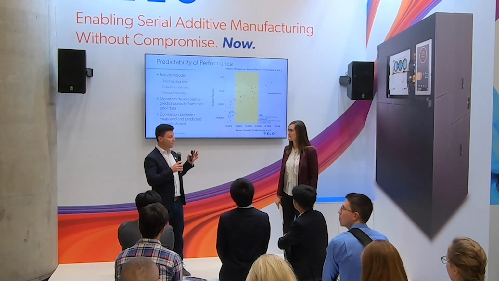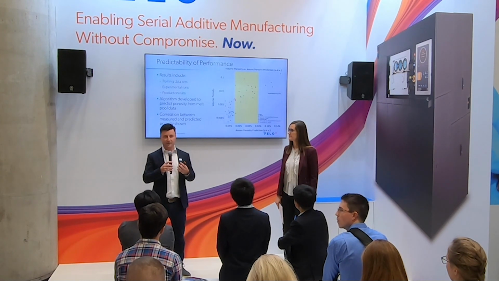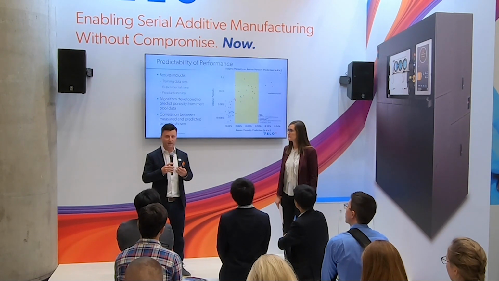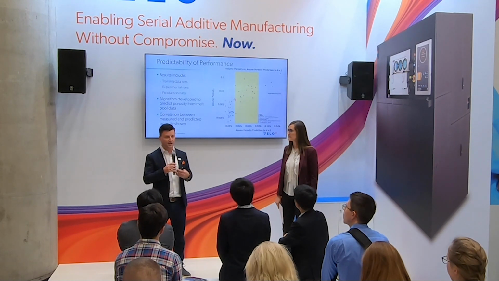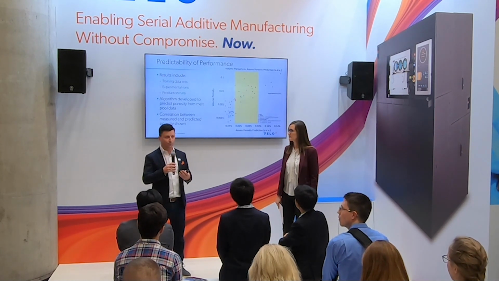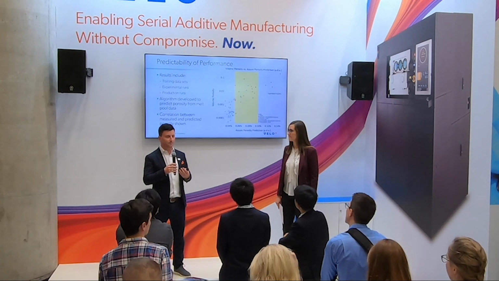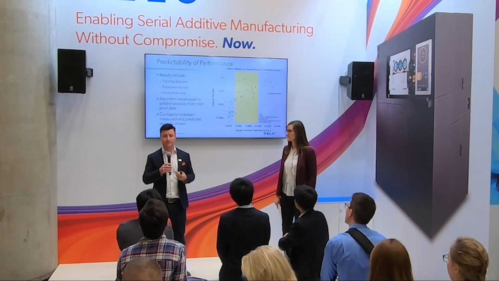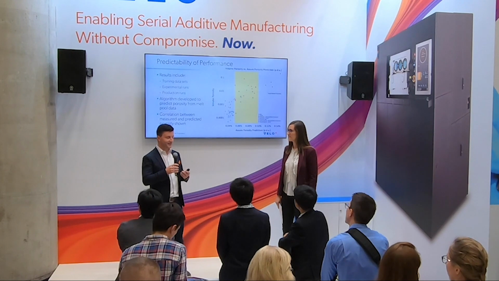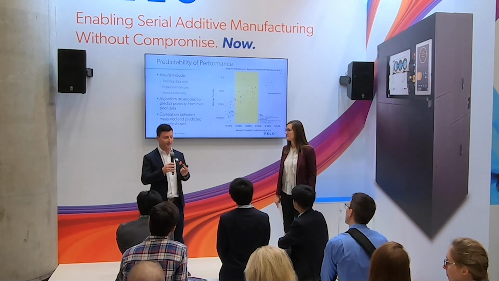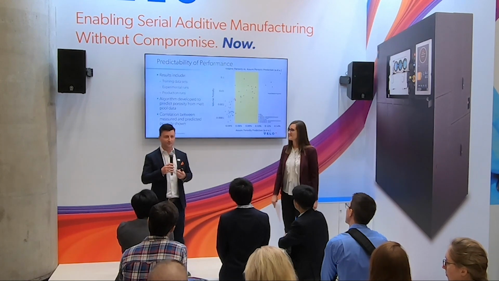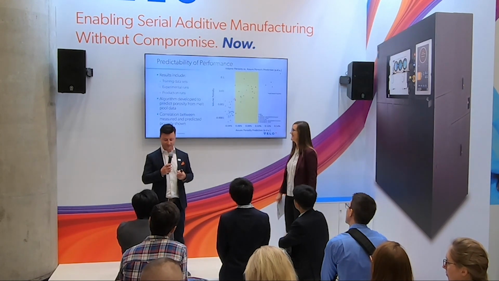So with this, we feel like we've given our customers a much bigger step towards qualification. We've made the path to qualification and certification a lot easier. Which is something that all metal AM manufacturers should really be doing for their customers. With that said, this is only a subset of what's required for the qualification of a part. And with that, I'll turn it back over to Laura to finish out what's required.